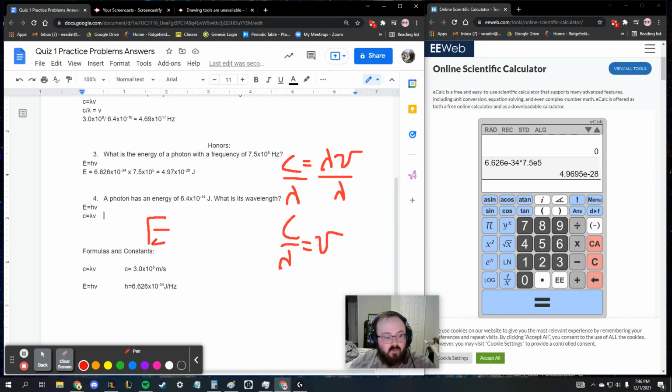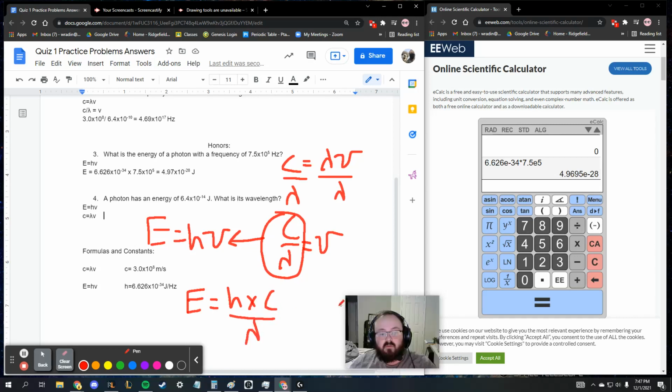Now, in this formula right here, we're going to substitute this nu for this equation. E equals H times C over lambda. See what I did there? If you're confused with this, please come see me at some time. We just converted this.